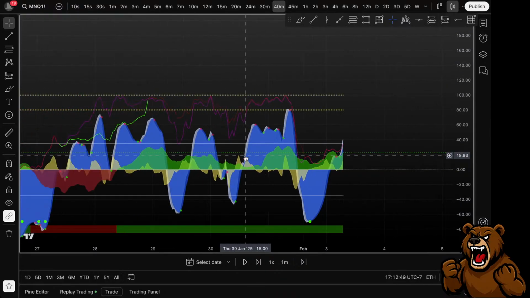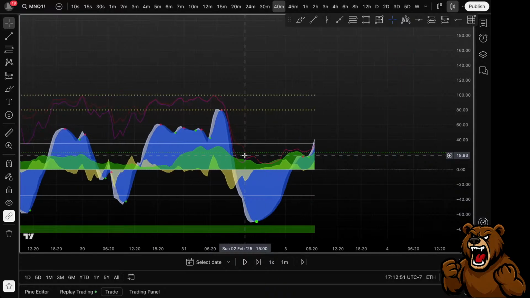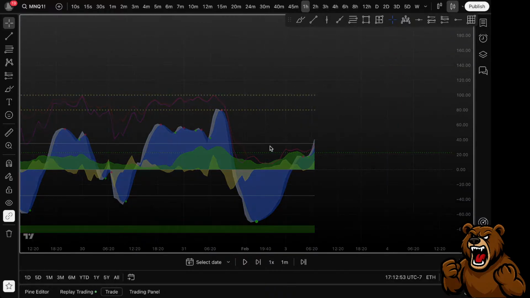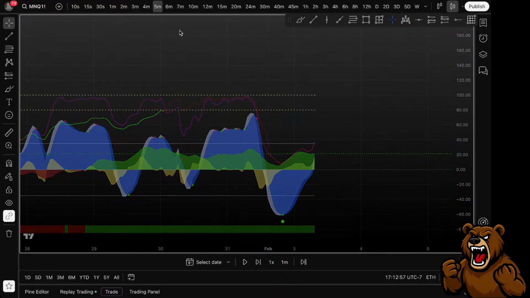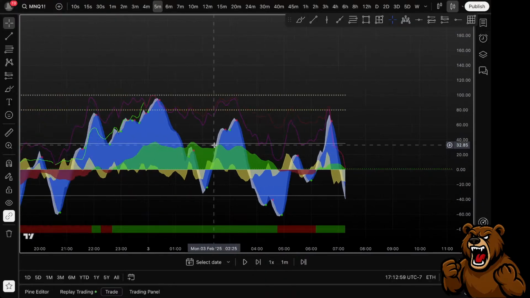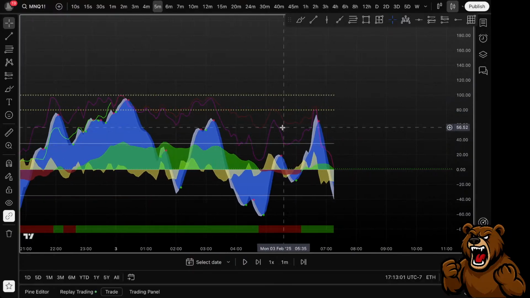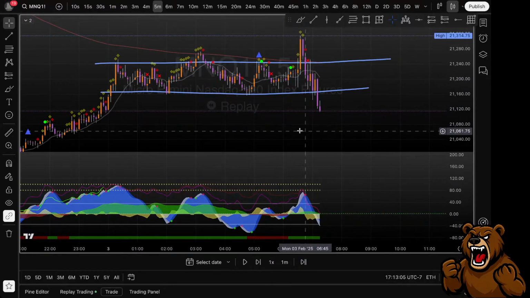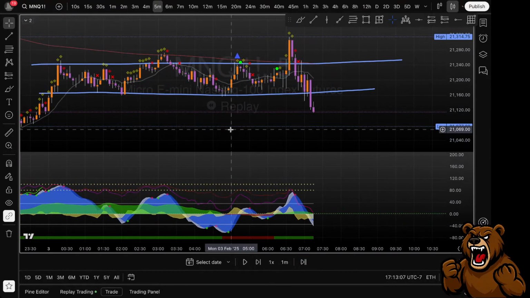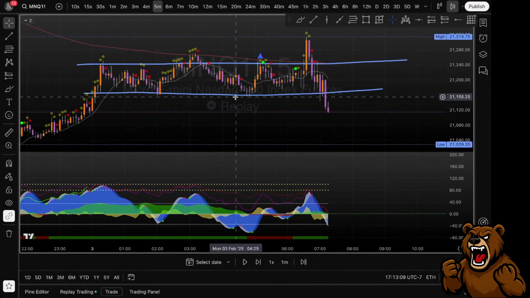The 40-minute looks hungry. Yeah, I don't know. All this sideways stuff. We did get 1.5 to close to give us an entry.